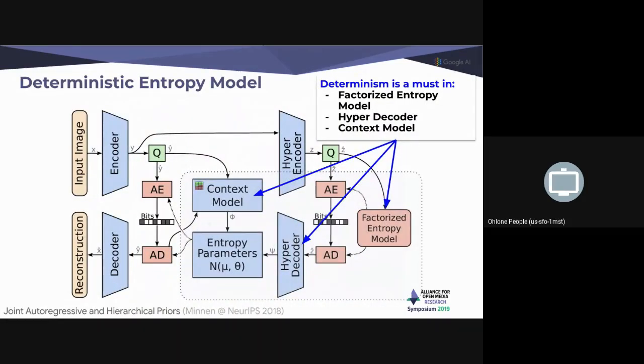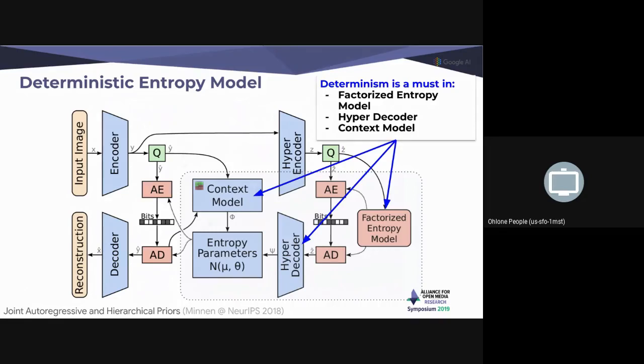Now, let's discuss something which perhaps is convenient to forget, and that is determinism. If you are familiar with entropy models, your alarm bells should have been triggered when I was telling you that we have a neural network that is predicting distributions. Because these distributions, even though we parameterize them by a mean and a standard deviation, they're very finicky.